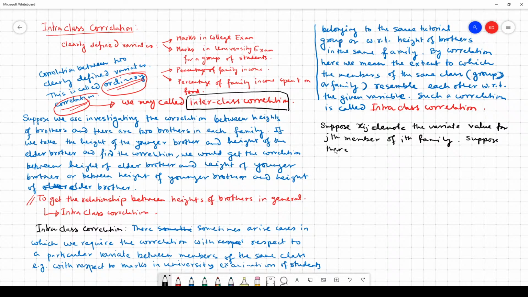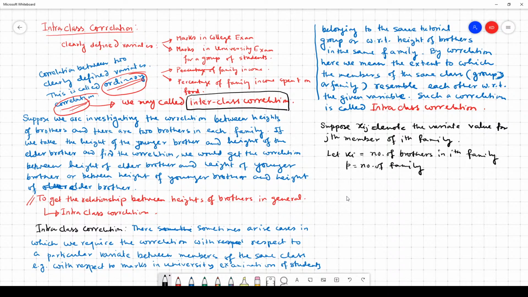I think it is better to write ki. Let ki be the number of brothers in the ith family, and p is the number of families.